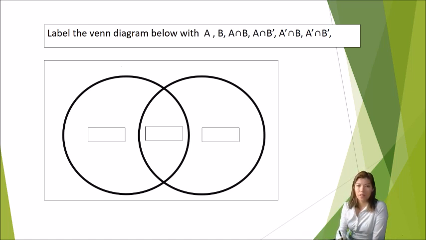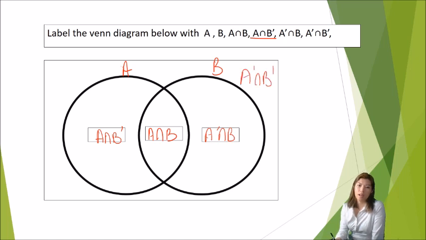So A would go here, B would go here, A intersect B goes in here. A intersect not B: so not B would be outside of this circle, and then A would be there. A intersect not B would be here. Not A intersect B: B is here and not A would be outside of that. So not A intersect B would be there. And not A intersect not B would be outside. It doesn't matter if you put it up there or down here.